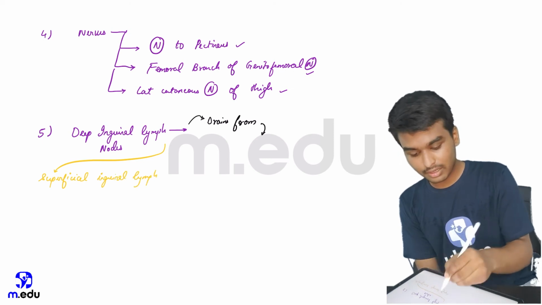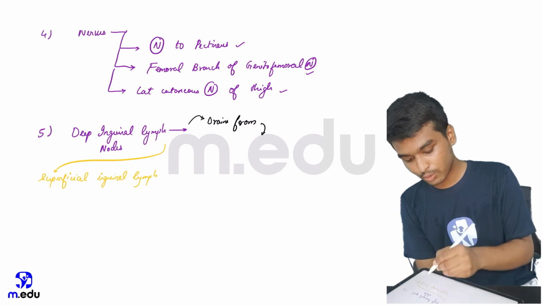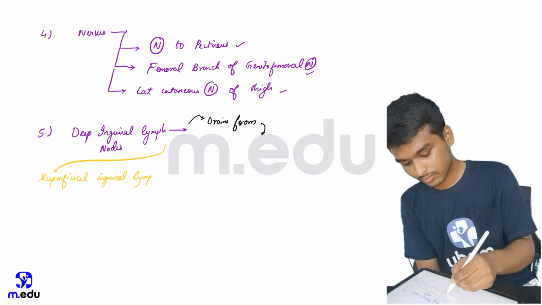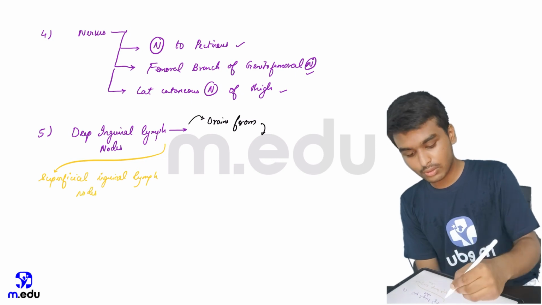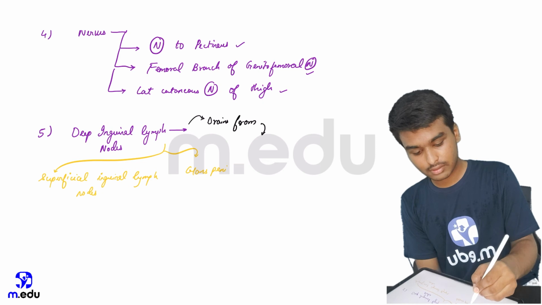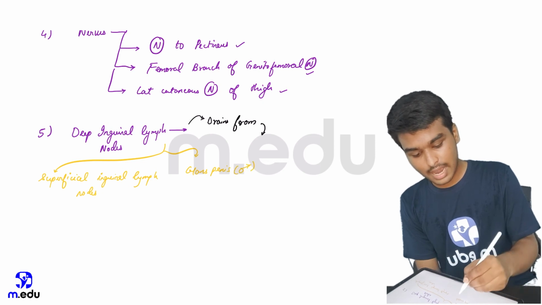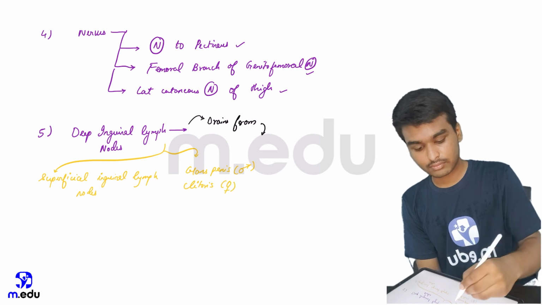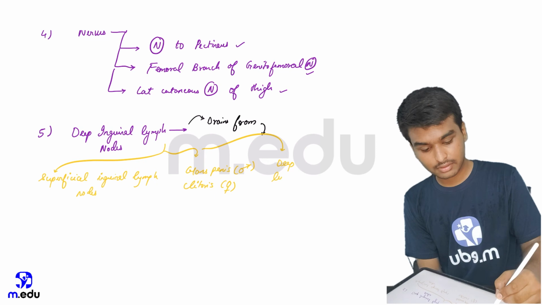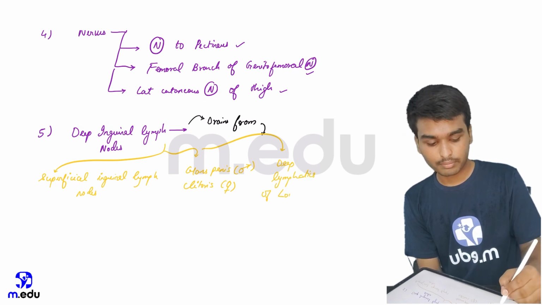So the deep inguinal lymph nodes drain the lymph from the superficial inguinal lymph nodes. They also drain from glans penis in males and from the clitoris in females. They also drain from the deep lymphatics of the lower limb.